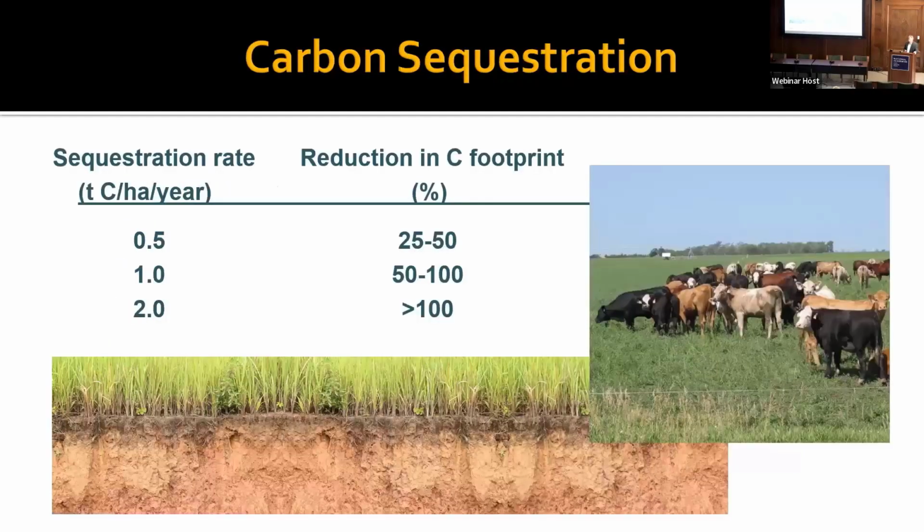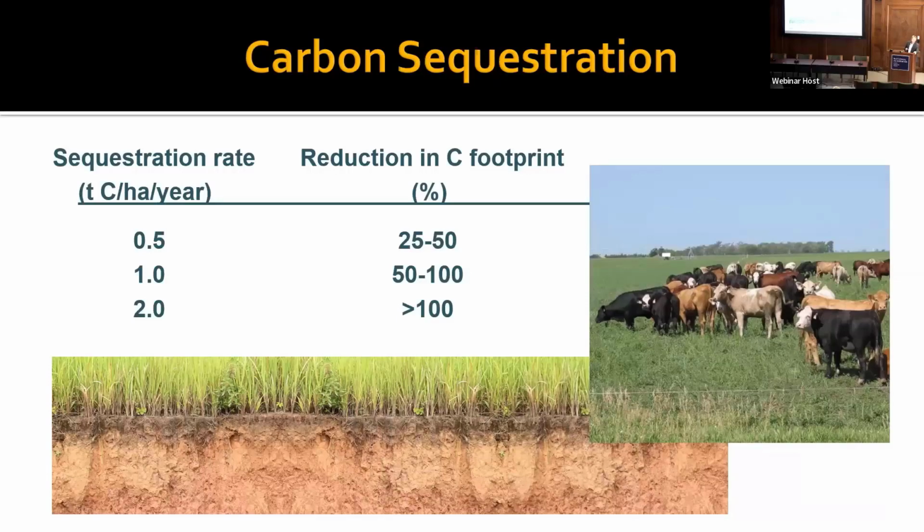And then what about carbon sequestration? Well, if we can sequester carbon in our systems, it can really have quite an offset. I've listed a range here from what might be possible to probably bordering on not so possible.